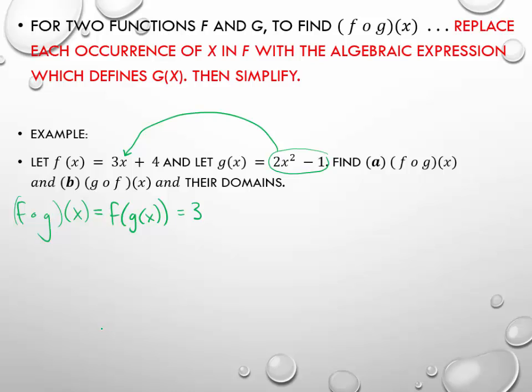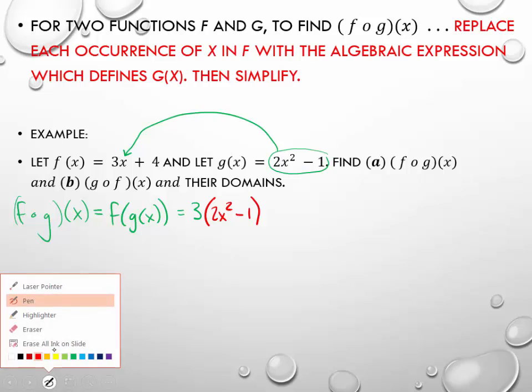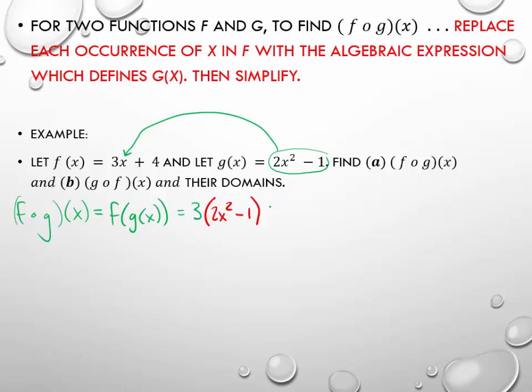That's all we're doing. That's what it means to take g of x and plug it in for x. So I'll make it a different color. 2x squared minus 1. There we go. See what I did there? Just plug the whole thing in. I plugged in the entire expression.